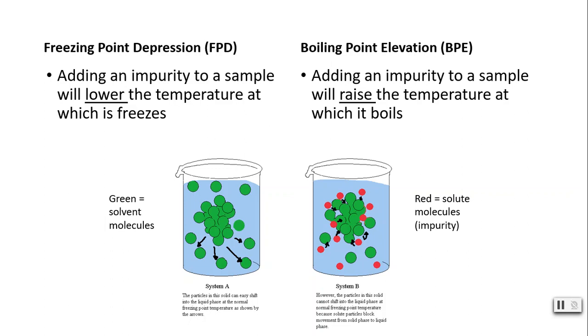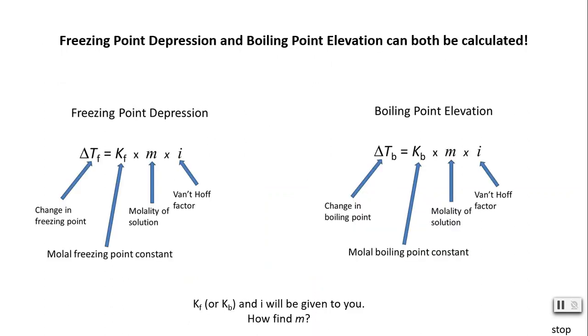In the freezing point lab, you would determine experimentally how much the freezing point of a solvent is depressed. Turns out you can also calculate how much the freezing point or the boiling point of a pure substance is changed due to the presence of an impurity.